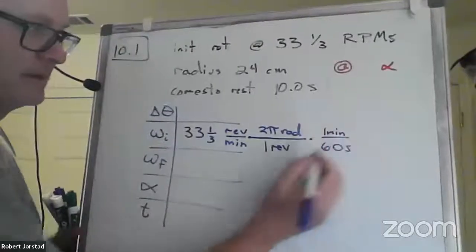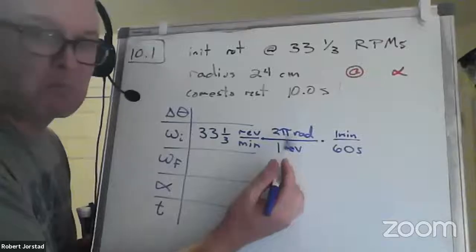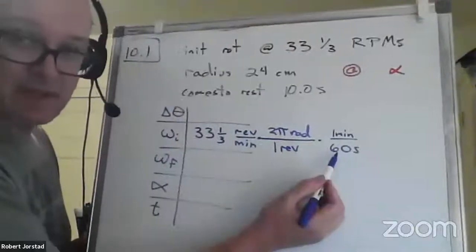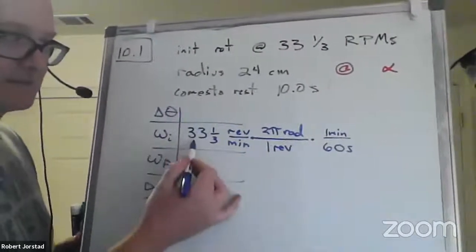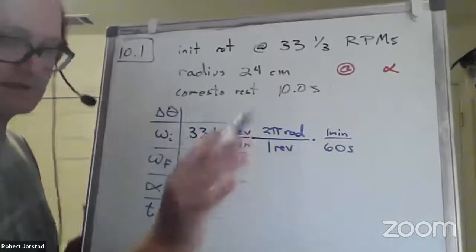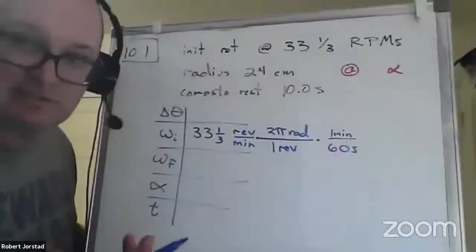Now humor me. Pi is about 3, right? Yeah. 2 times 3 is about 6, right? Yeah. 6 over 60 is about 1/10. So estimate the final answer. Like 3.3. 3 and change.